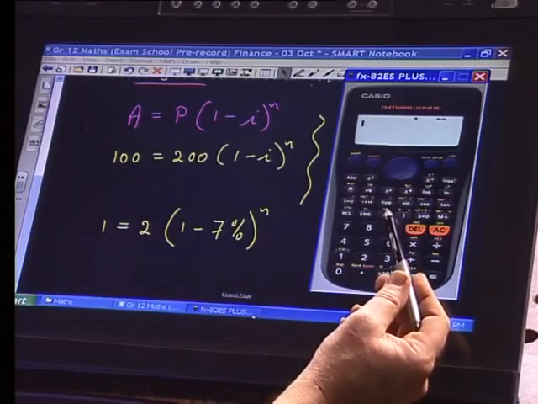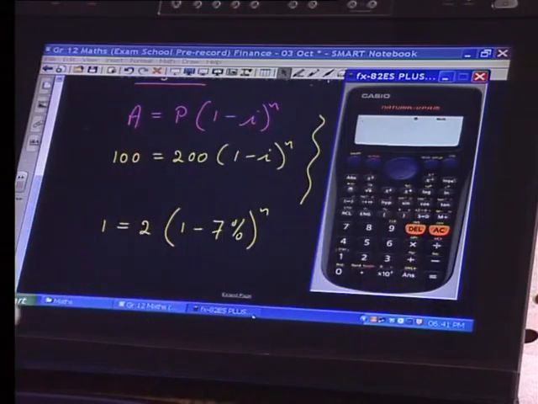The Casio calculator nowadays has a percentage button. I'm going to use that percentage button. Some people say that you have to say 0.075. I just think if we've got a percentage button, let's use it. All right, here we got our little problem.